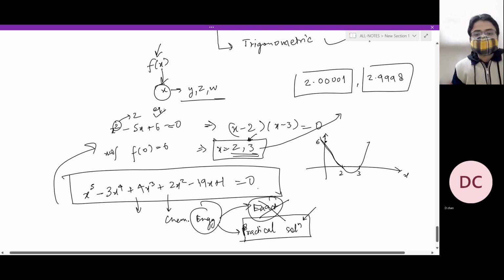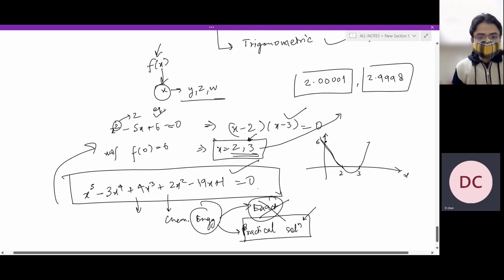So here you might be thinking that it is really easy to factorize, but here it is almost impossible to factorize, right? Yes, sir.